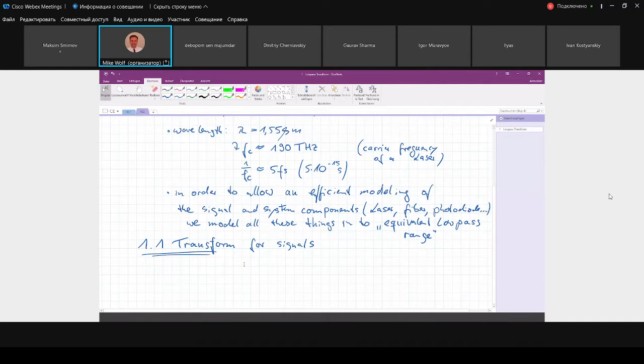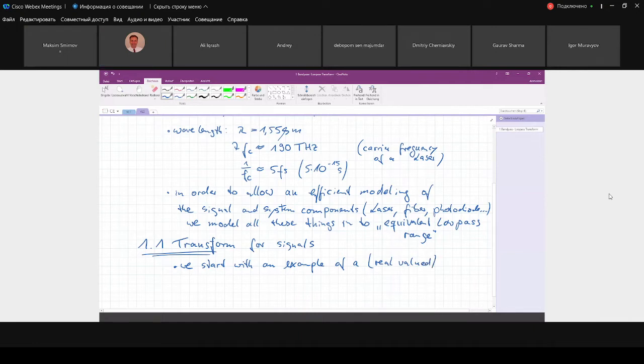And we start with an example. Of course, I don't need to say this, real valued, because our time domain signals in reality are always real valued.